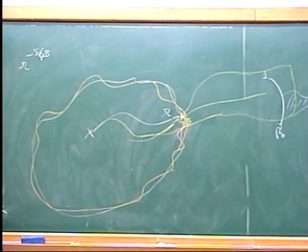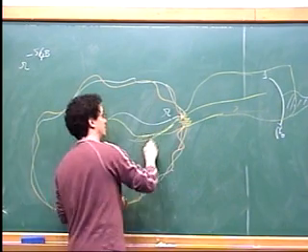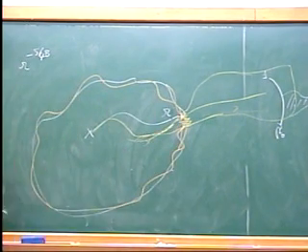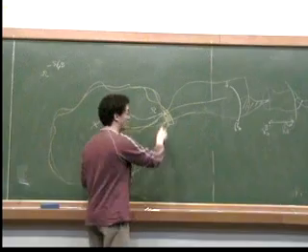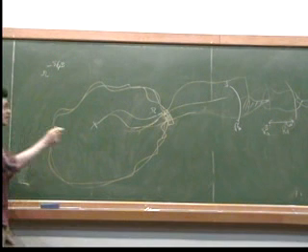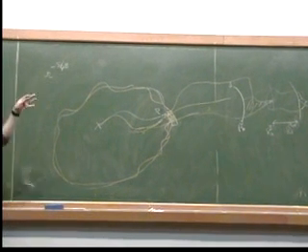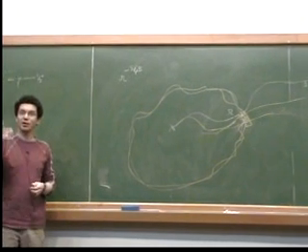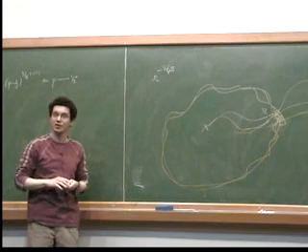And I want a 4-arm event of up to distance r, because my cluster had a size r. So how many? If I have a cluster of size r, on average, how many points do I have on my boundary that make it all the way, that are weak points such that I can puncture, and then by flipping just this one, I make it all the way to there?